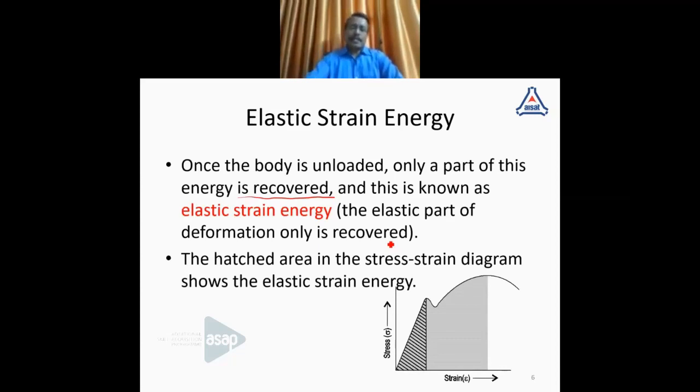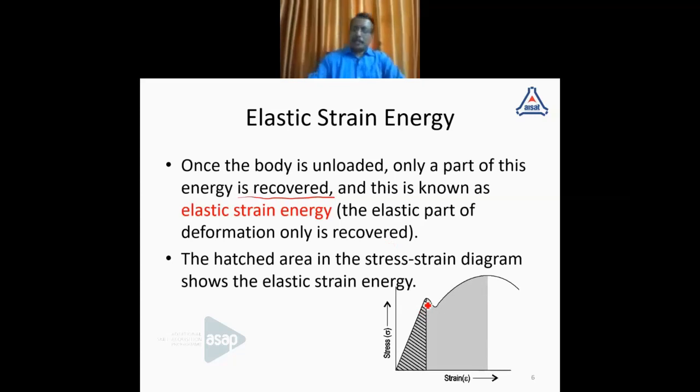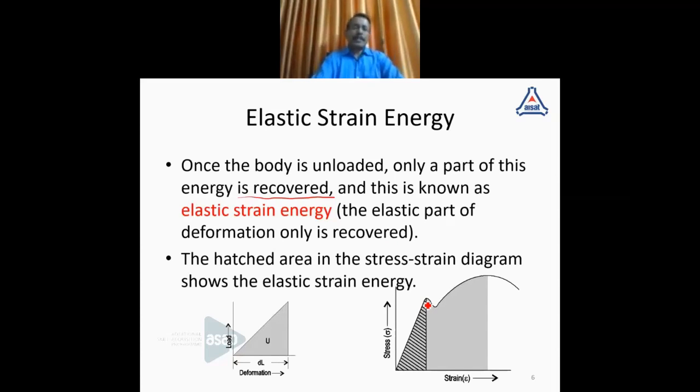And in this elastic region, we can have different materials behaving in different ways. In cases like steel, the deformation can be assumed to be linear. The deformation and load, or stress and strain, are proportional, and we can have a linear curve for the stress strain curve diagram, or the load deformation curve will be a linear one.